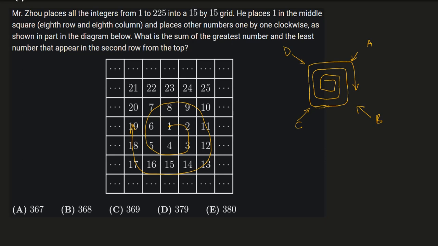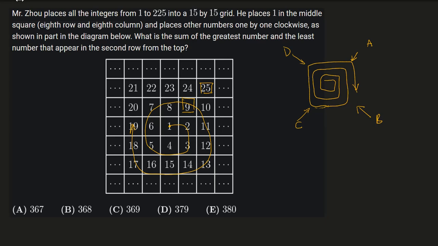We can think about a smaller grid. We don't have to worry about 15 by 15. Let's think about 3 by 3. Then we see that the largest number 9 for the 3 by 3 grid ends at the upper right corner. And for a 5 by 5 grid, the largest number 25 will end at the upper right corner as well.